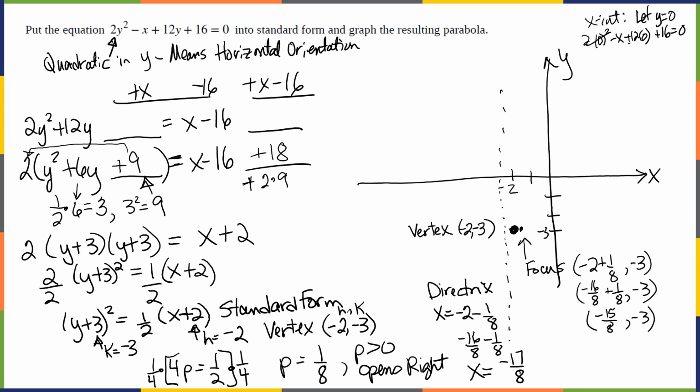This goes to 0 and this goes to 0. If I add that x to the other side, I get x equals +16. So that is going to be really high up. Like if this is -1, there's my 0. 1, 2, 3, 4, 5, 6, 7, 8, 9, 10, 11, 12.